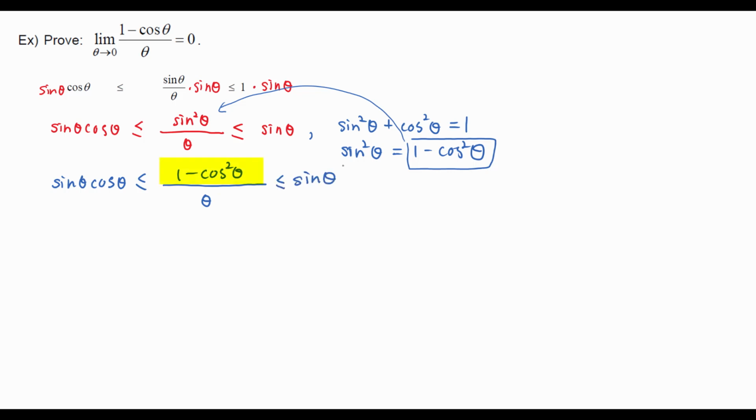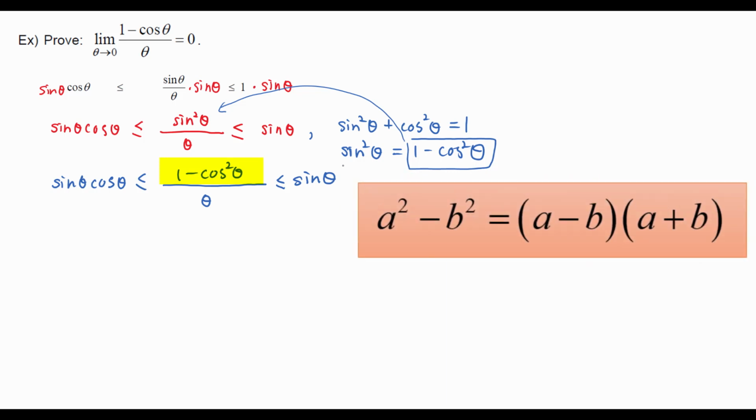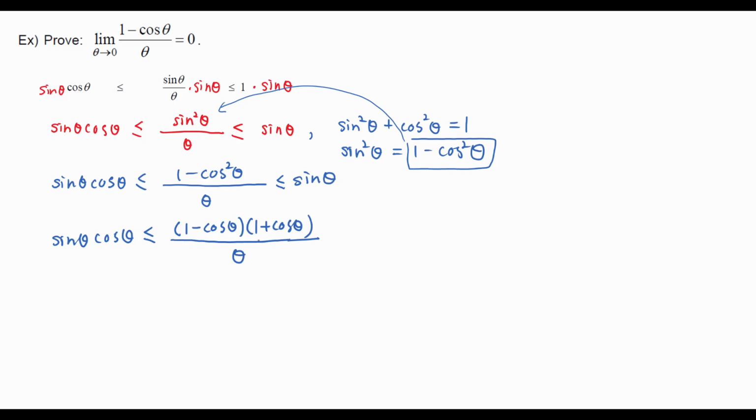And 1 minus cosine squared theta is a difference of squares, so it factors as a minus b times a plus b. So sine theta cosine theta is less than or equal to, when you factor the numerator, 1 minus cosine theta times 1 plus cosine theta over theta, less than or equal to sine theta.